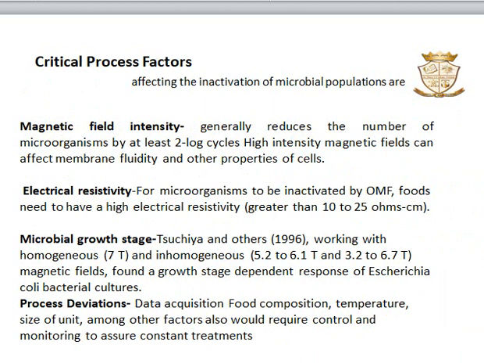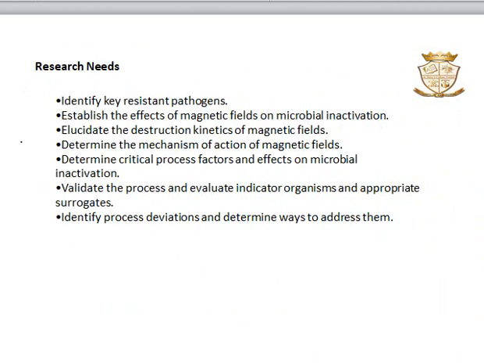Process deviation factors such as data acquisition, components, food composition, temperature, and size of unit would require control and monitoring to assure constant treatments. And also, this non-thermal method needs further research.